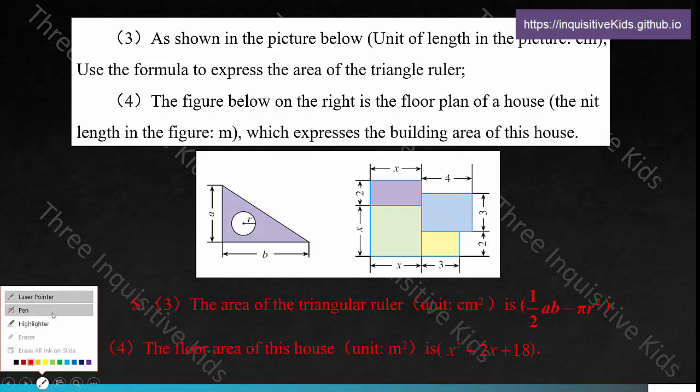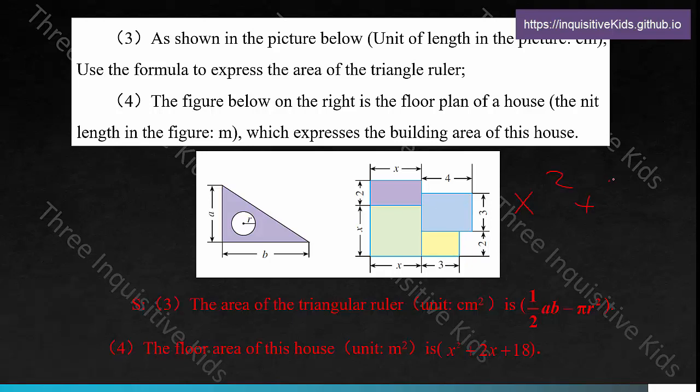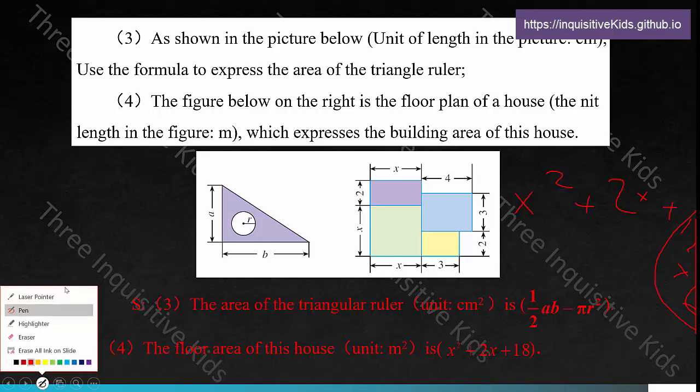It would actually be x squared plus 2x plus 12 plus 6. We can add this together, which gives us 18. So that's the simplified version.